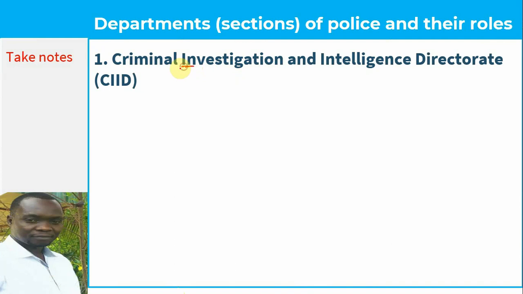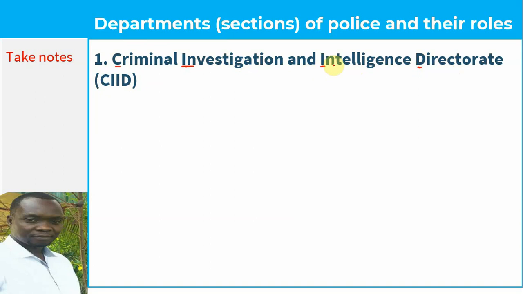The second letter I is intelligence. And our letter D is directorate, not department. Good children, it is Criminal Investigation and Intelligence Directorate. That is our CIID.